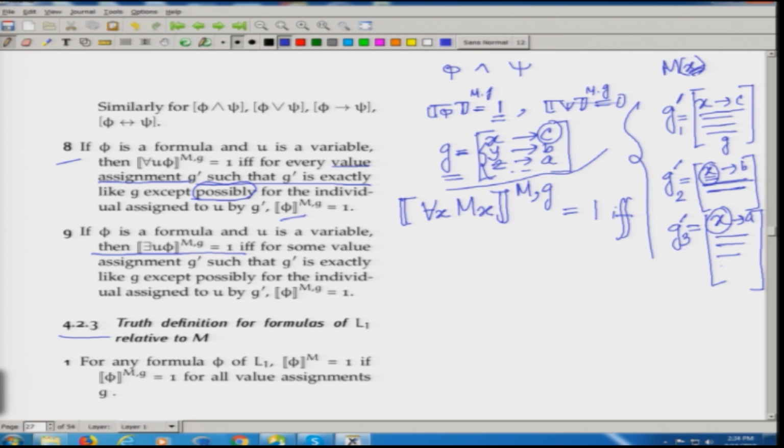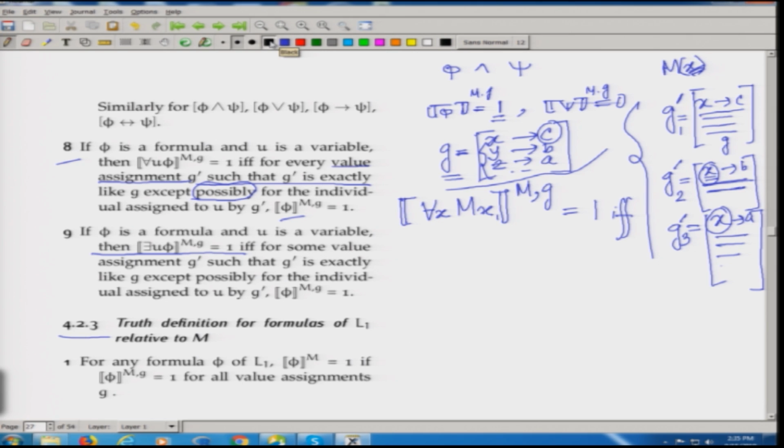Now, this is phi and this is u. This construction then is all u, and this construction is phi. So, mx is phi. If we compare this form, what does it state?